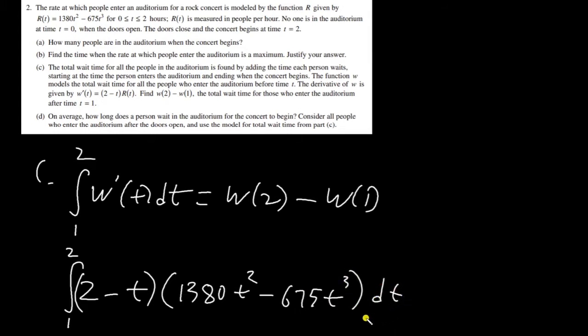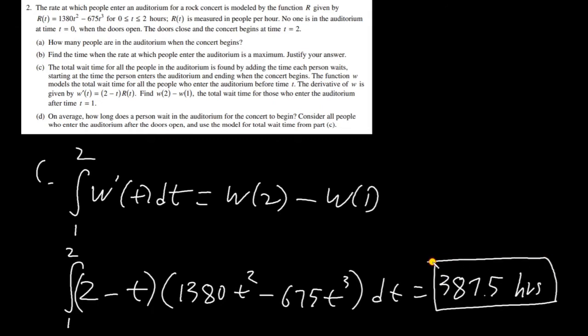Okay? You take this, you evaluate it in your calculator, you will get 387.5 hours. Okay? That's your answer. And this was a 2-point question, 1 point for the integral, 1 point for the answer. This was really just an application of the fundamental theorem of calculus.